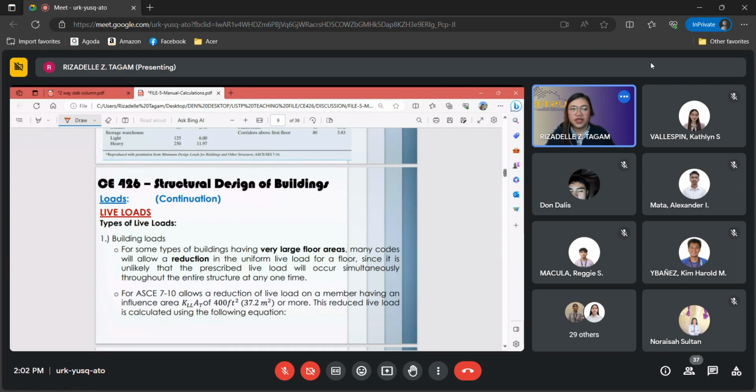Okay? So for some types of buildings that have large floor areas, many codes will allow reduction in the uniform live load for a floor, since it is unlikely that the prescribed live load will occur simultaneously throughout the entire structure at any one time.